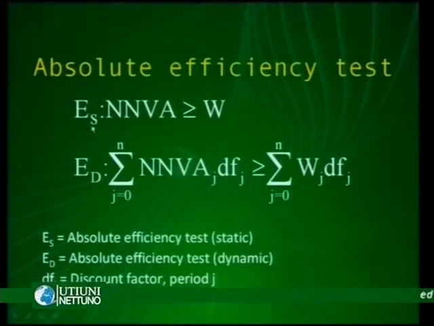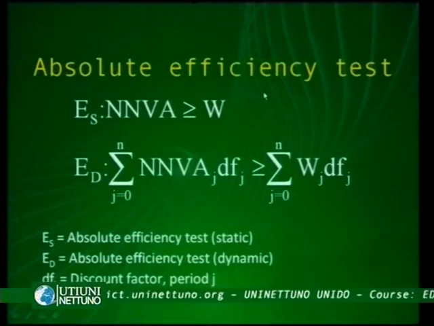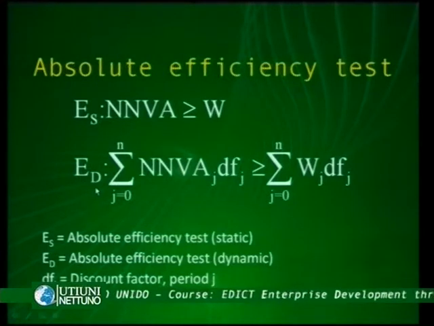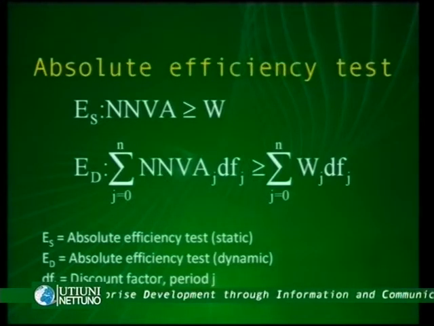The first one is a static version, where you are comparing the net national value added with wages paid by a project in a given moment in time, whereas the second version is the dynamic version of the same test, where you are comparing net national value added and wages over time.